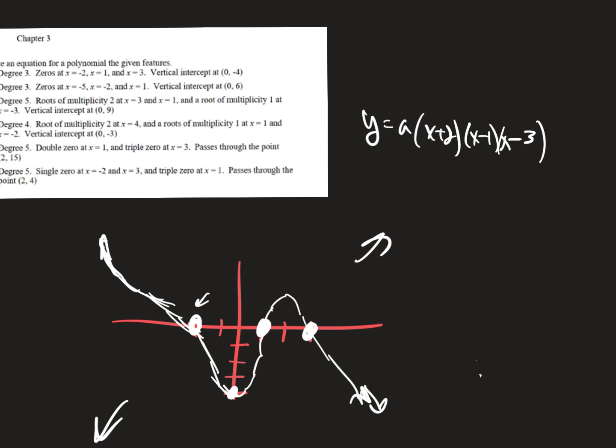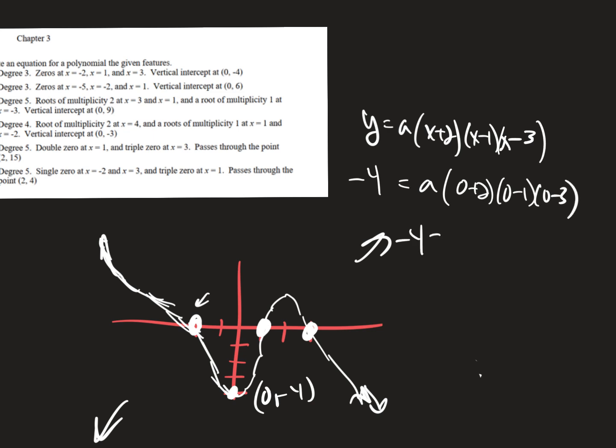Now I'm going to use that y-intercept value of (0, -4) to find out what a is. So -4 equals a times (0 plus 2) times (0 minus 1) times (0 minus 3). So -4 equals a times, let's see, won't that be -6 or +6?